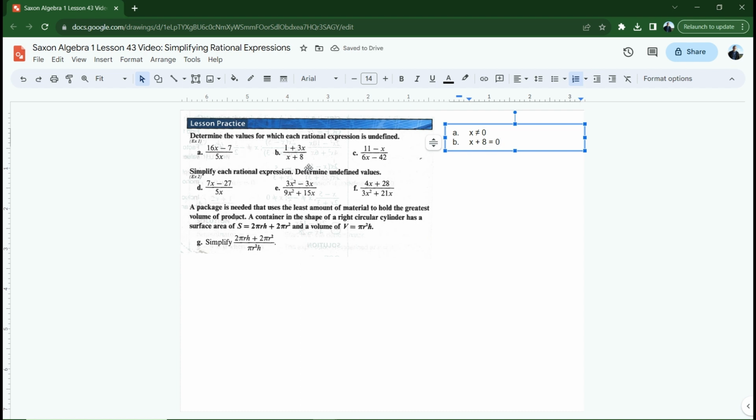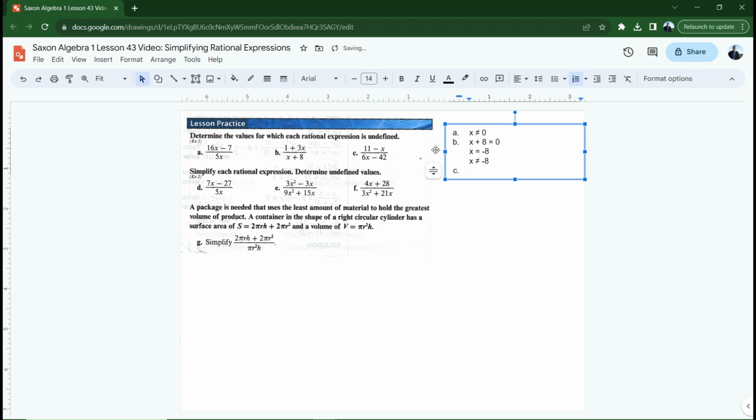And then when I solve for this, whatever value I get, x cannot actually be that. I'm going to subtract 8 from both sides. x equals negative 8. So if x equals negative 8, my expression is undefined. So actually what I have to say is x is not equal to negative 8. And I would circle that as my answer for what would make this undefined.